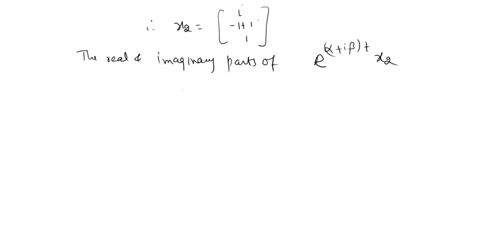Alpha is 0, so e^0, and since the eigenvalue is just i, beta is 1, so this is cos t plus i sin t. Then you have the eigenvector x2: (i, minus 1 plus i, 1). Multiply them.